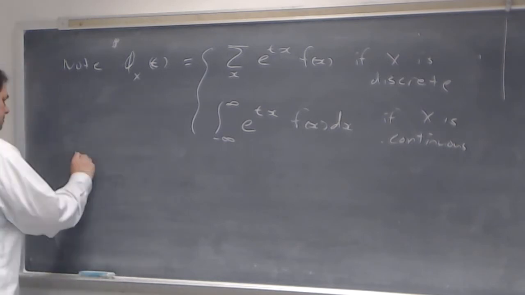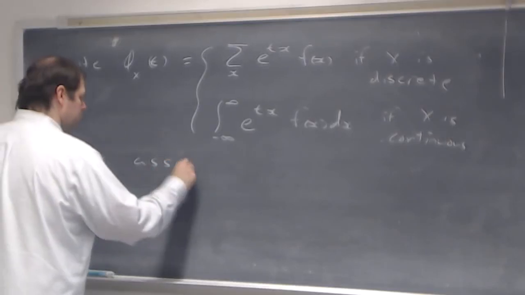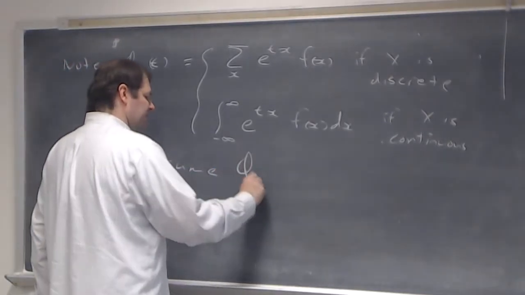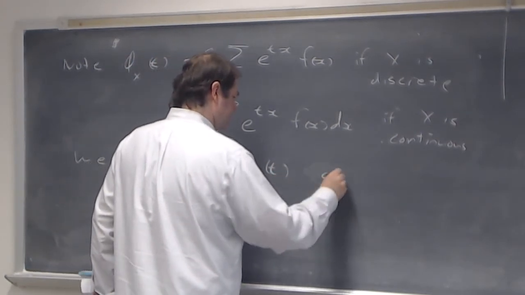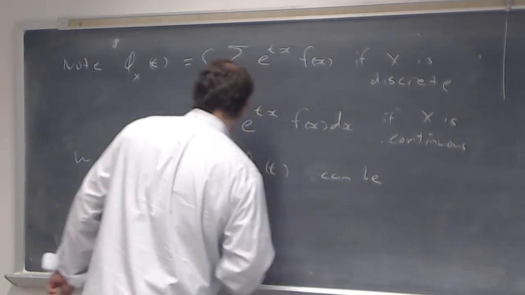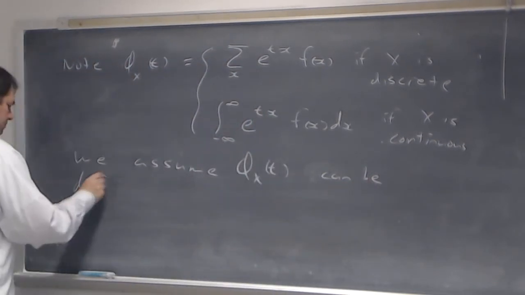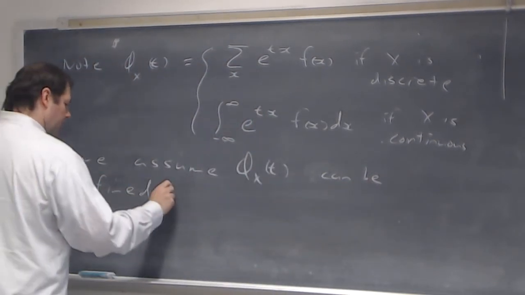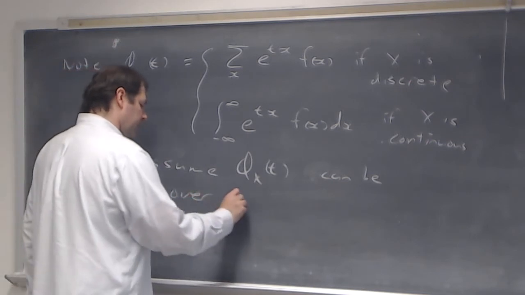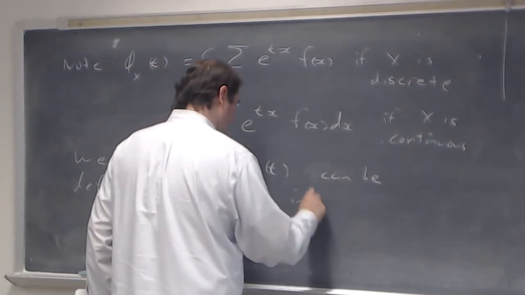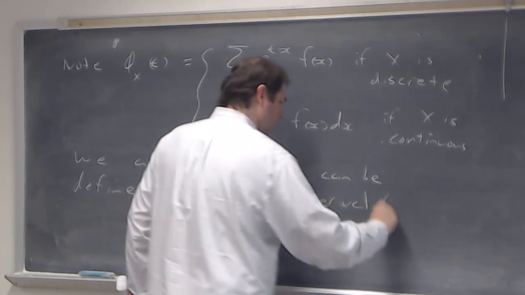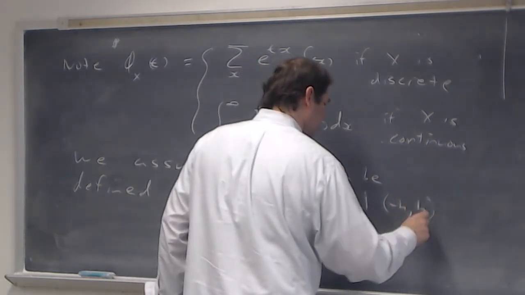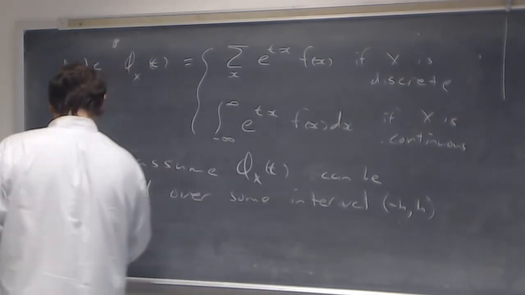We assume phi sub X of t is defined, or can be defined, over some interval minus h to h containing 0.